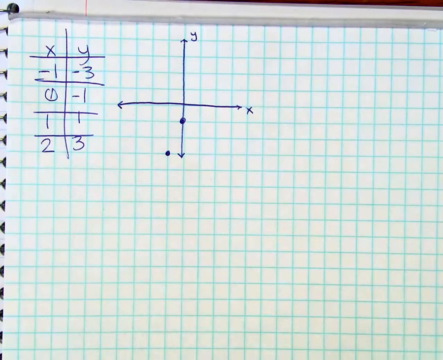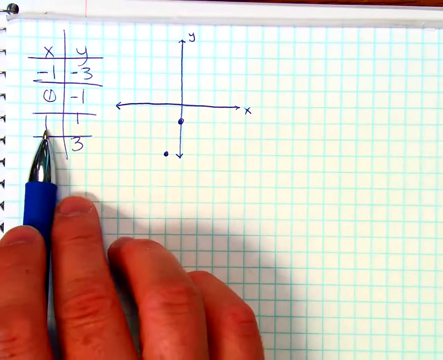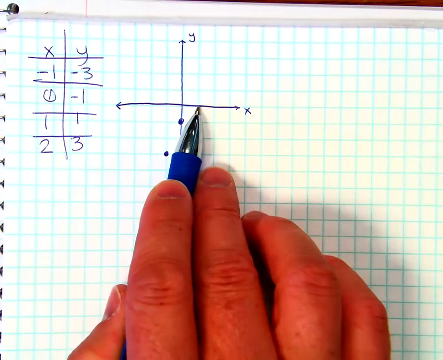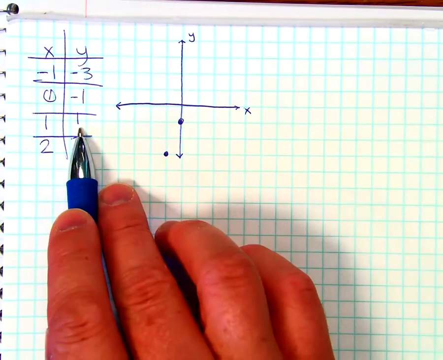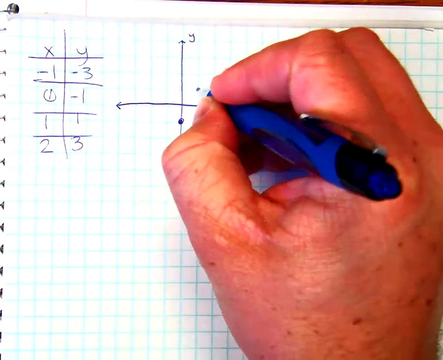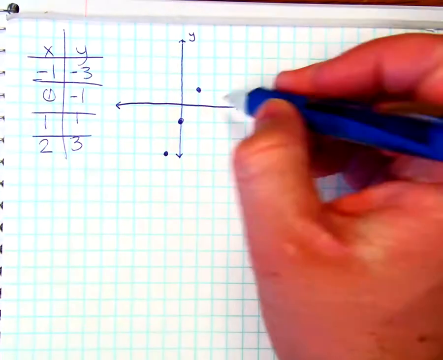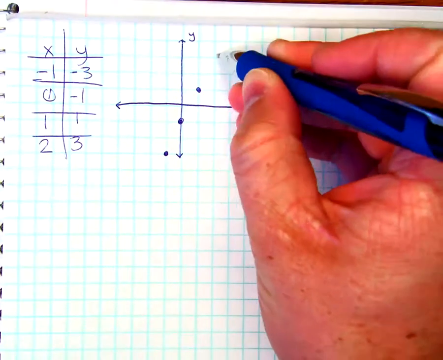Next one, +1, +1. Positive 1 is to the right, so I go right 1. Positive 1 for the y-axis is up, so I go right 1, up 1. And the very last one, they're both positive 2 and 3, so I go right 2 and up 1, 2, 3.